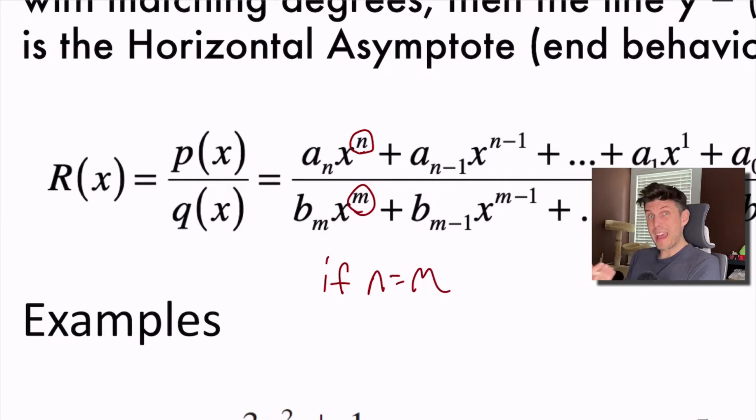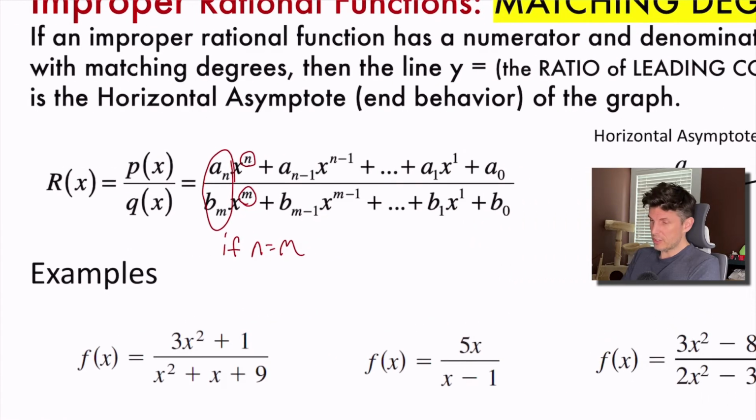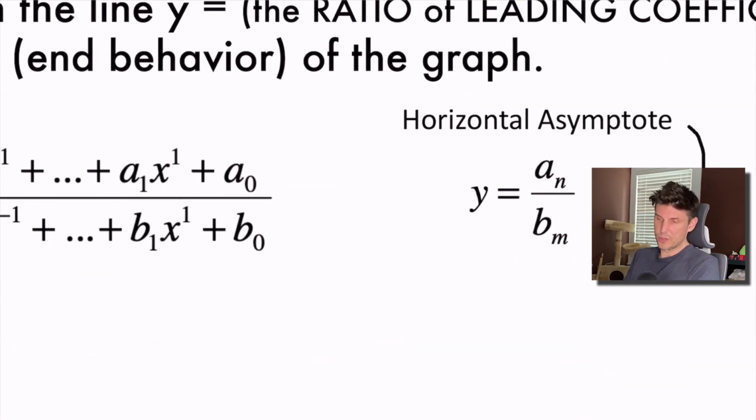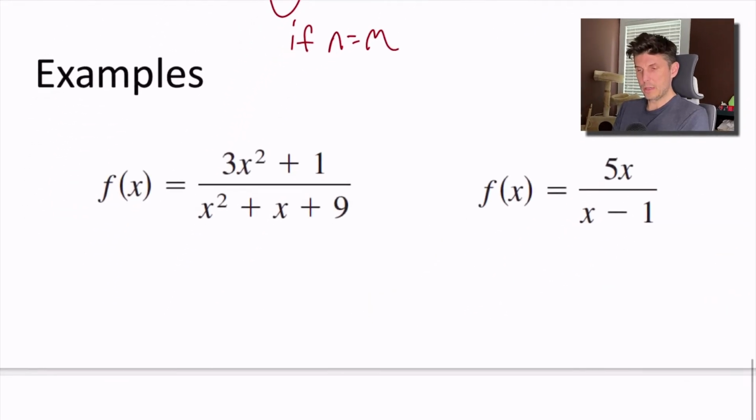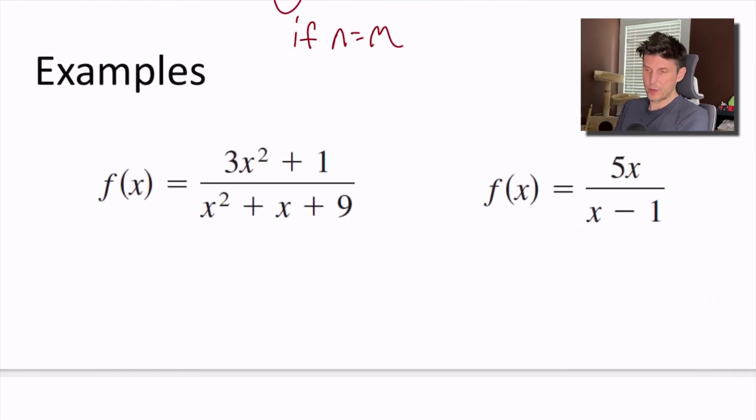If your degrees match, they're the same, then your end behavior model would be, again, a horizontal asymptote in the form of a over b, the ratio of the leading coefficients. So that's the definition. So your horizontal asymptote for any rational function where the degrees match is just the ratio of leading coefficients. So a perfect example of that over here would be this first one.